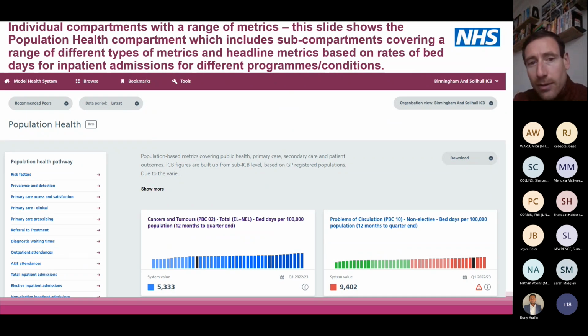Over on the right-hand side, we've got some of the headline metrics that have been selected, some of the most important metrics. Within this page, they're typically based on admission rates per 100,000 population, or bed day rates, and some of those are non-elective and can be RAG rated. Some of those where the non-elective isn't as important, such as cancer and tumours, just show all bed days per 100,000 population.